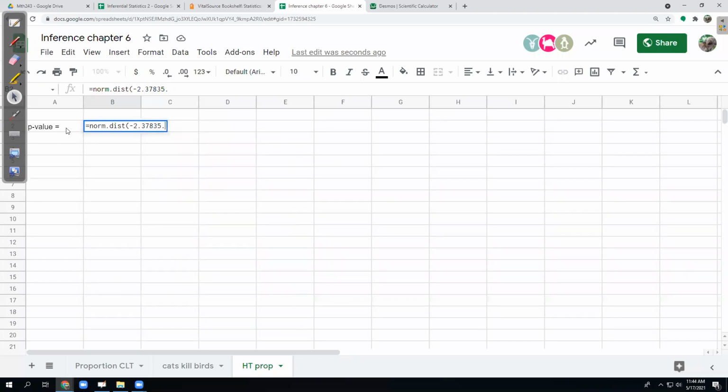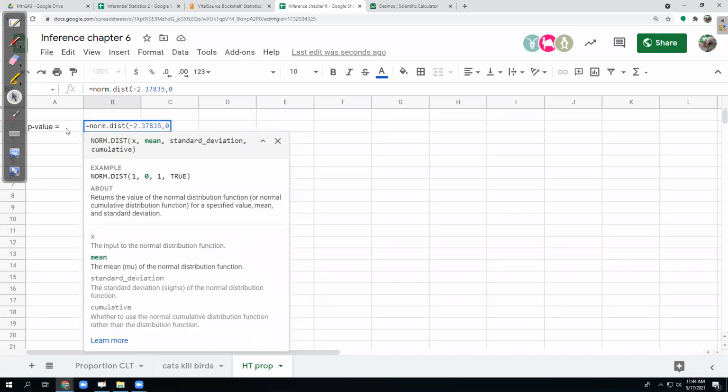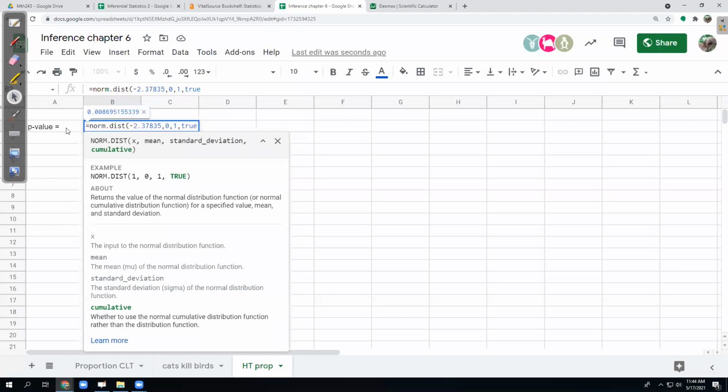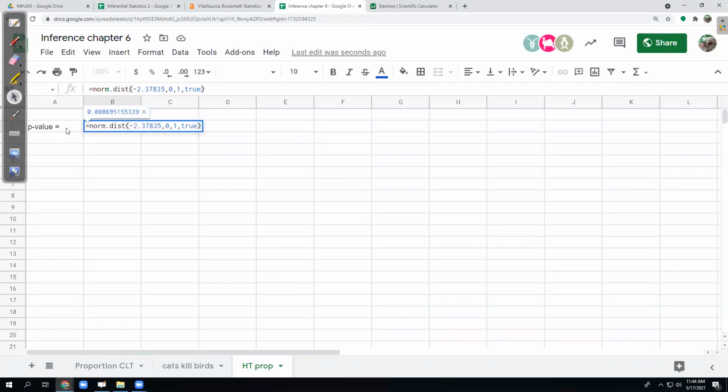It's a z-score, so the mean is 0, and the standard deviation is 1, and then we always do a true at the end. So we did an example like this last time. Now, what does the normal dist in a spreadsheet calculate? It only calculates the left tail. So since this is a two-tail, I've got to sneak in there 2 times that.